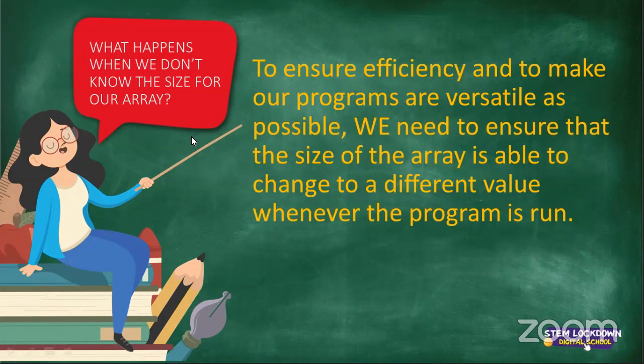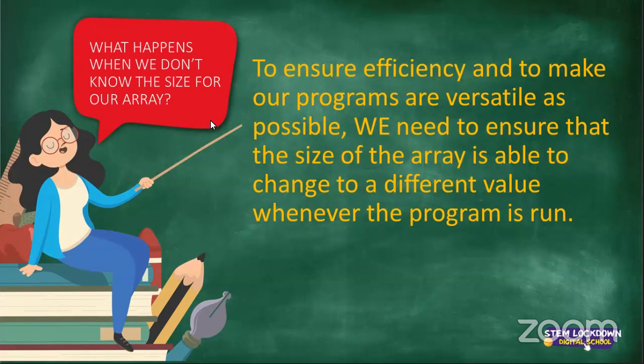I try to go as slow as possible, ensuring that we can try it out together. Now, as you can see on your screens on this slide, it says: what happens when we don't know the size of the array? That's so important. We're not always going to know the size, and it's not efficient for us to know the size each time. So let's see what the slide says. It says to ensure efficiency and to make our programs as versatile as possible, we need to ensure that the size of the array is able to change to a different value whenever the program is run.